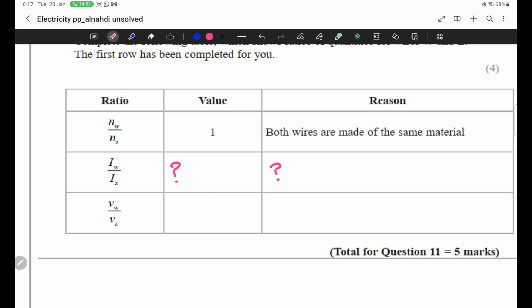Simra beta, can you answer? They are connected in series. Simra, if W and Z are connected in series, then what will be ratio of their current?